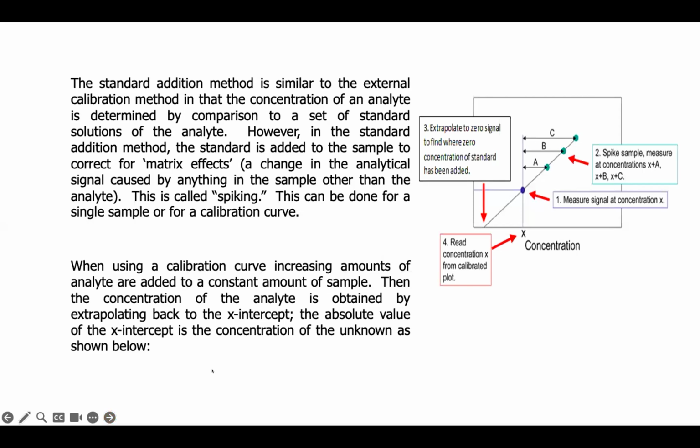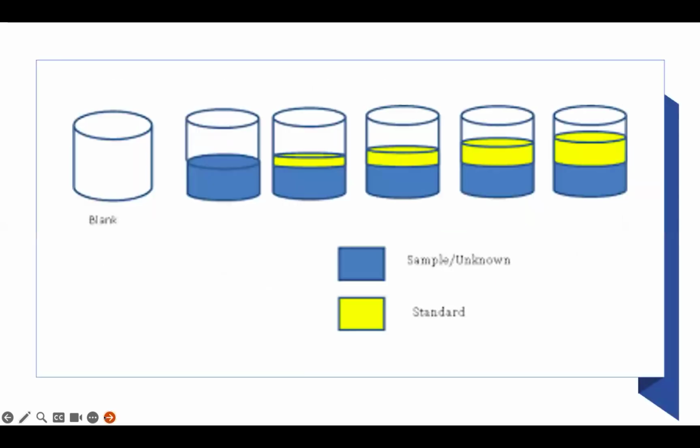So the standard addition method is similar to the external method in the concentration of an analyte. However, in the standard addition method, the standard is added to the sample to correct matrix effects. So I'll show the picture. I think this is something that I have shown before. So blank is definitely no analyte of interest in there. And then sample unknown is the sample.